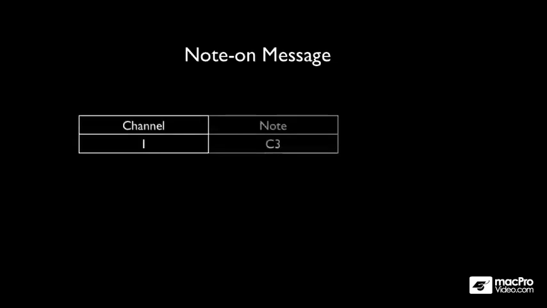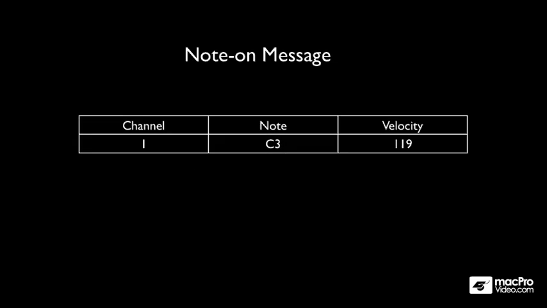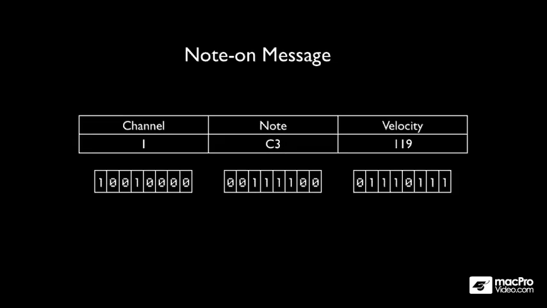How long does it take then for one MIDI event to be transmitted? Well, to answer that, let's go back and take a look at our note on message as an example. Like most common MIDI messages, it's made up of 3 pieces of information called bytes, with each byte containing 8 bits.